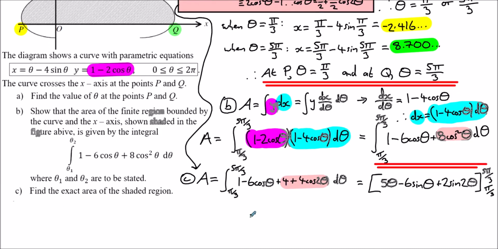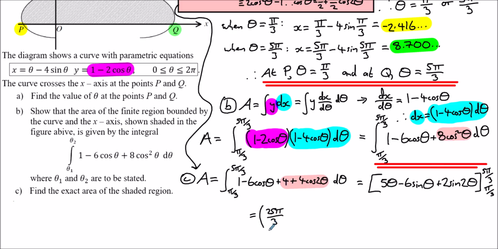So, finally, all it is now is just a case of filling in these limits carefully and evaluating, making sure we don't make any silly mistakes. So 5 pi over 3 times 5 gives 25 pi over 3, minus 6 sine theta.